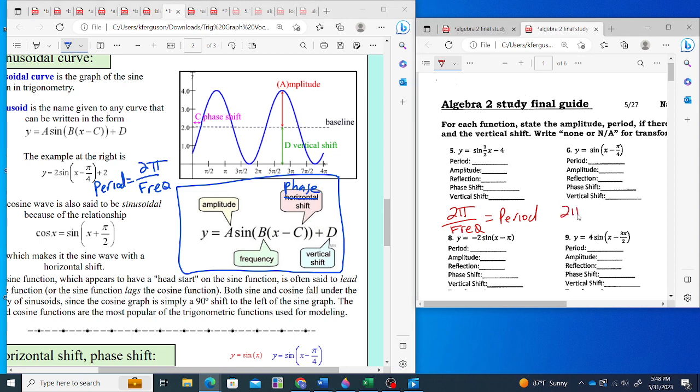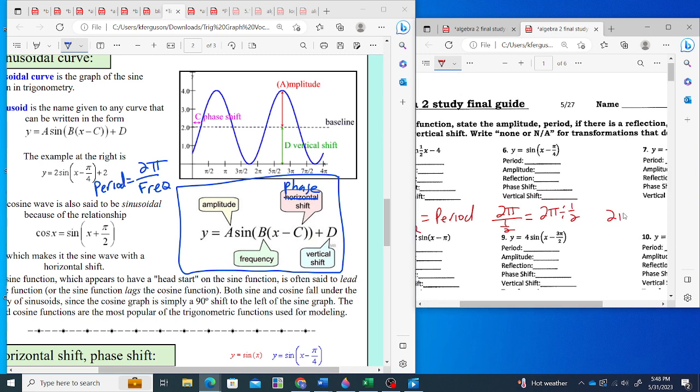And so it's 2 pi divided by 1/2. And what kind of a problem is that? Yeah, that's right, Makai. That is a keep change flip. So 2 pi divided by 1/2. So that's 2 pi times 2 over 1. So that's 4 pi.